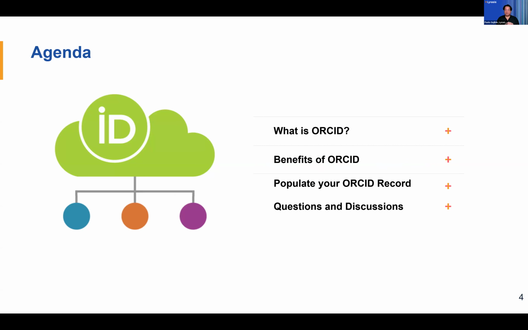That's a big part of our session today, so that you can make it easy for yourself as a researcher to put all of your information into one online CV. And in the end, we will have some Q&A, or questions and discussions, to further our understanding of what ORCID is, as well as how you can populate and maintain it.